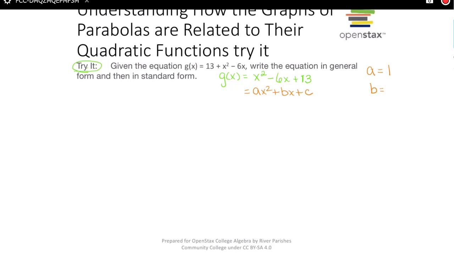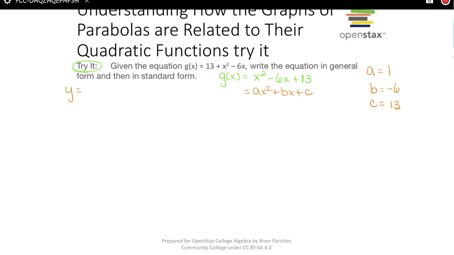B is the number in front of x, which is negative 6. And c is your constant, which is 13. So to convert a general form equation into standard form, we're going to start by finding h and k.